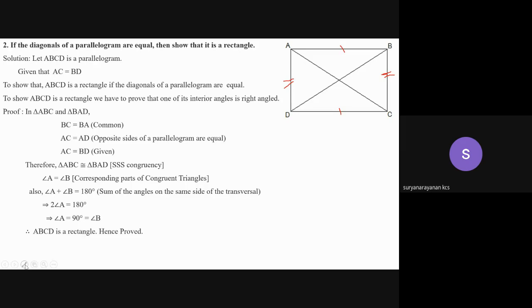Third question. Now come to question number 3. All of you keep your textbooks open nearby you and see this question. What is question number 3?